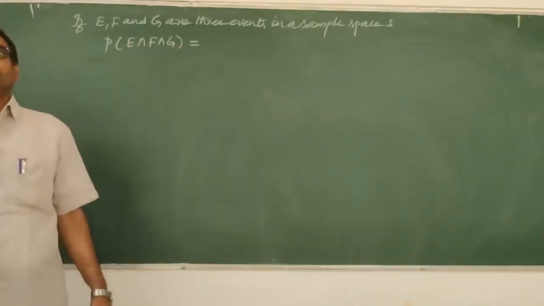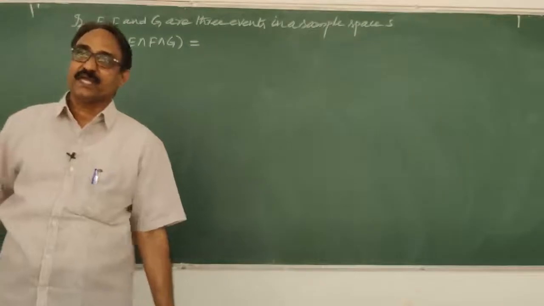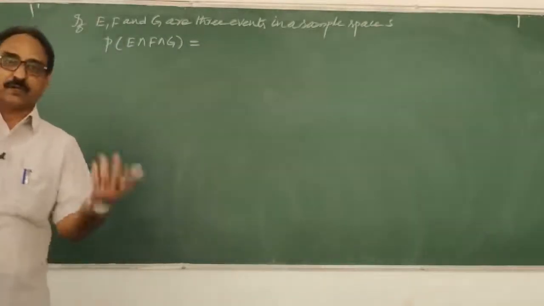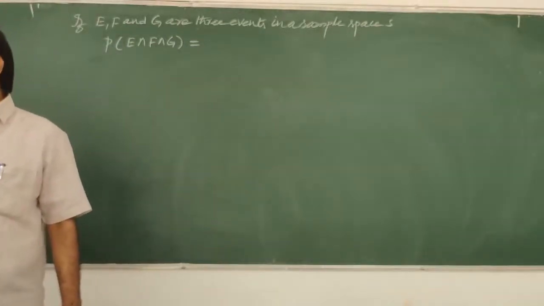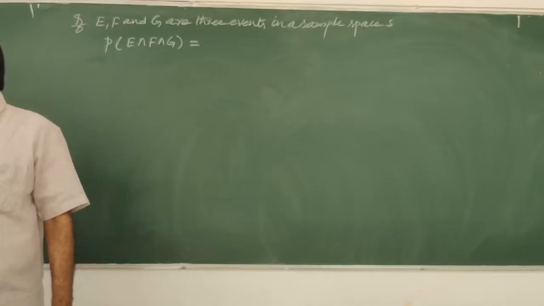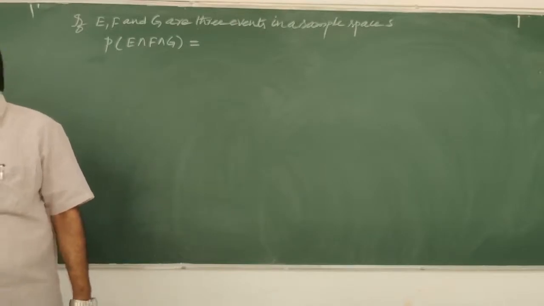P of E intersection F, we already wrote as P of E into P of F given E. Now for P of E intersection F intersection G, how do we write it?